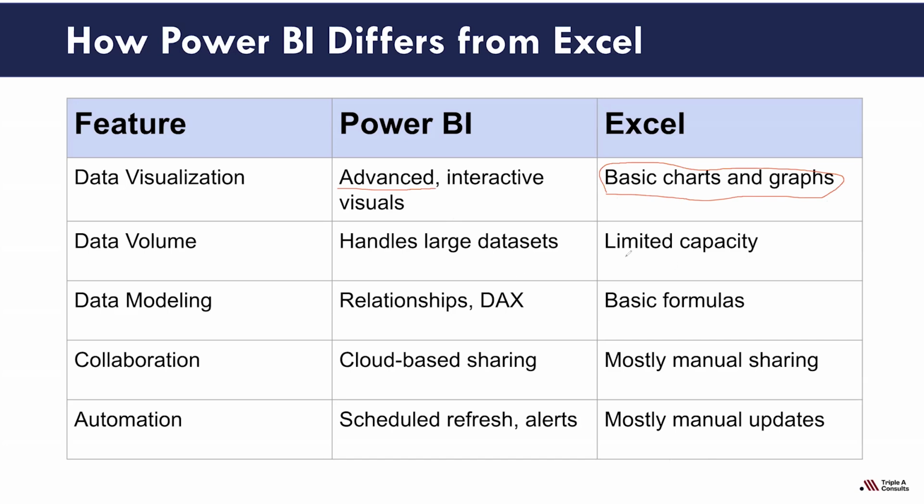Now, for those who probably know Excel very well, you will know that it has a lot of data limitation, and its capability to ingest data from certain sources is also very limited. But in the case of Power BI, it handles very large data sets.